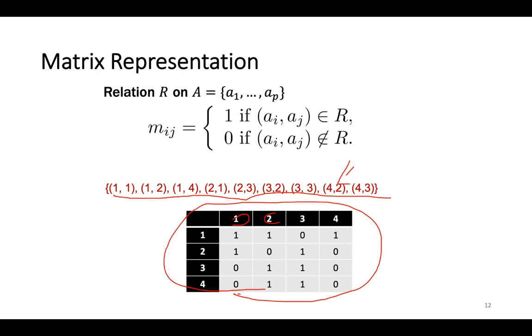We can make a pair with this. So 1 to 1 is here. There is the relation, we can put 1. If there is no relation, there is nothing between those two, we can put 0 like here. So we can rewrite this pair into a matrix.